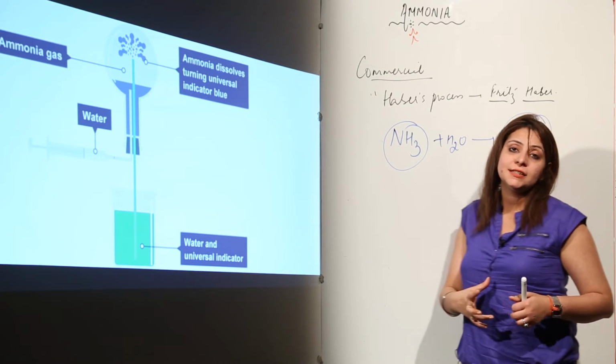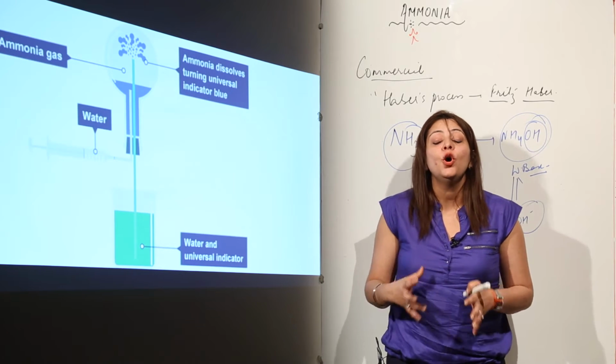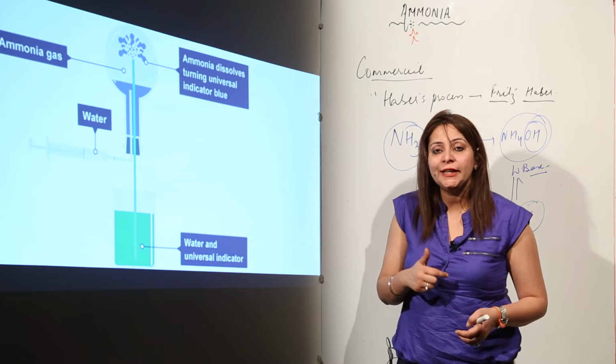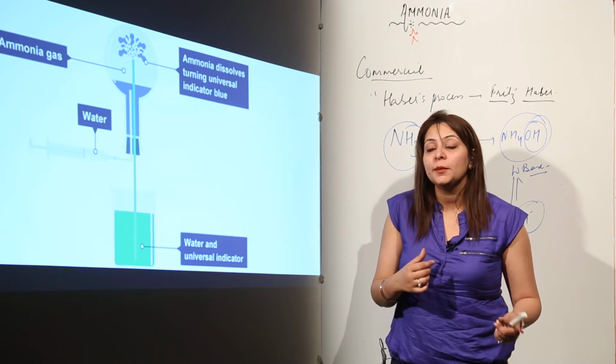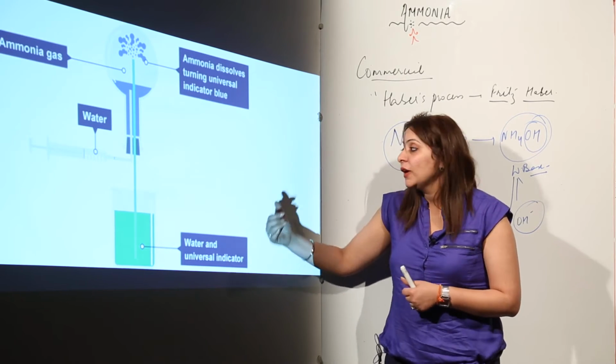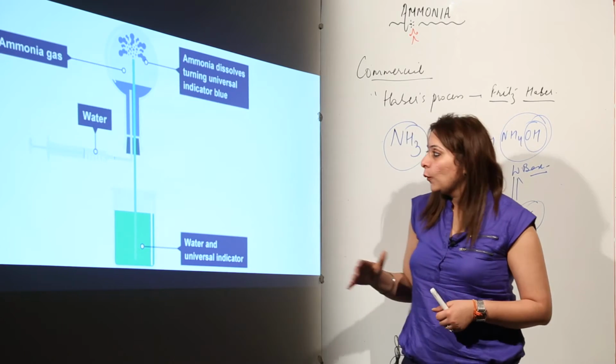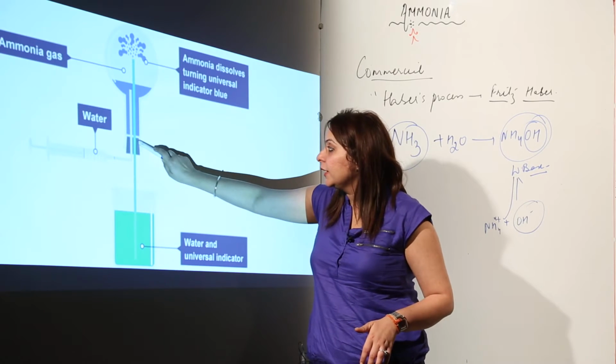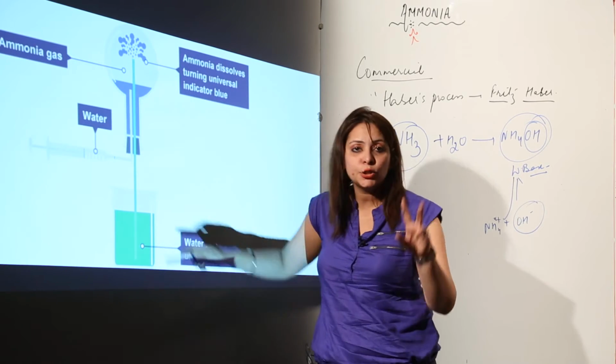But as far as the solubility of ammonia is concerned, you should know it is highly soluble in water. I am going to explain the solubility of ammonia on the basis of the fountain experiment, right. I have the apparatus here. We have a round bottom flask, as you can see. It has a rubber stopper with two holes.